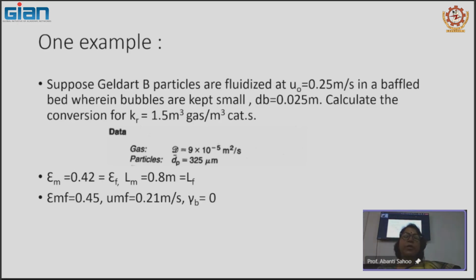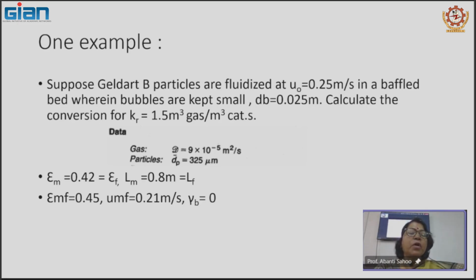So, the data given: gas diffusivity is 9 into 10 to the power minus 5 meter square per second, and particle size is 325 micron meter.